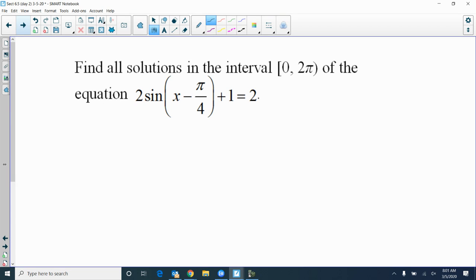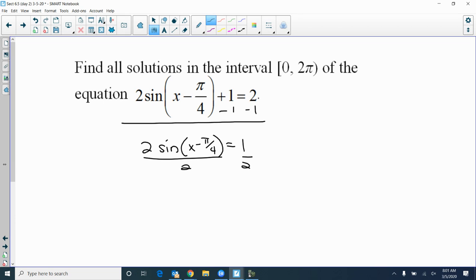You want to isolate the sine of whatever we're taking the angle of. Okay. So subtract 1. Two minus 1 is 1. Divide by 2.